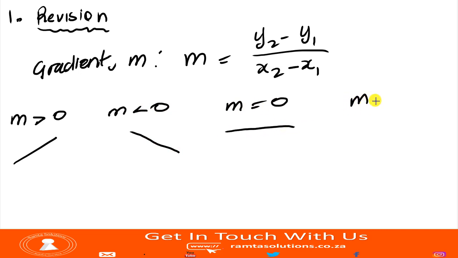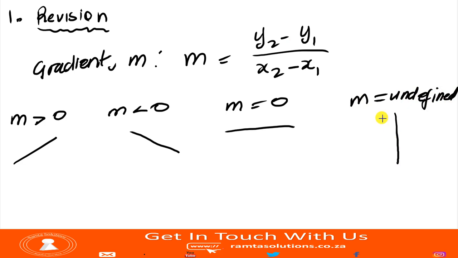And when M is undefined, your line looks like this. It's a vertical line.